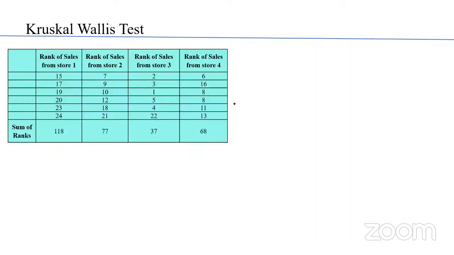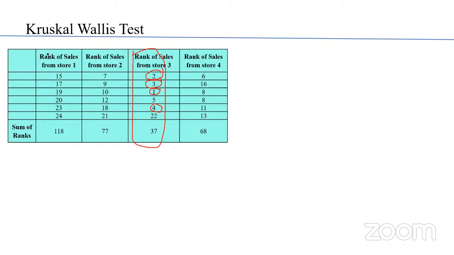That's why, if you see the ranks, the first rank is here, the second rank is here, the third rank is here, the fourth rank is here. By seeing that, you can obviously tell that the minimum ranks are coming here. So definitely there might be a difference in the performances.